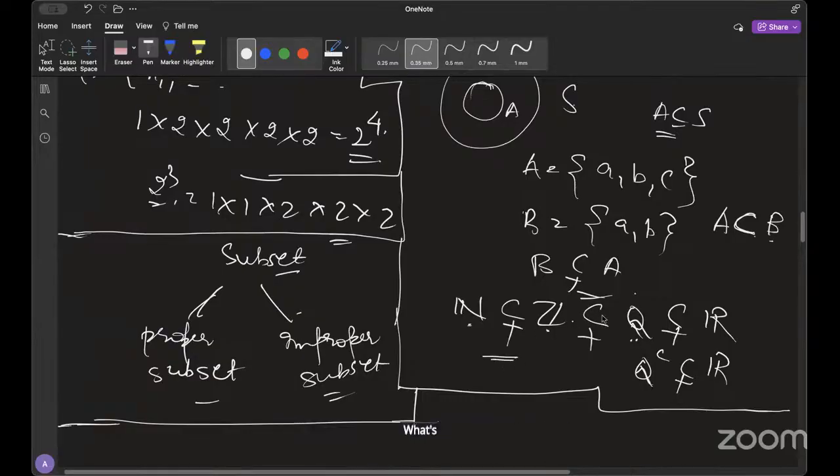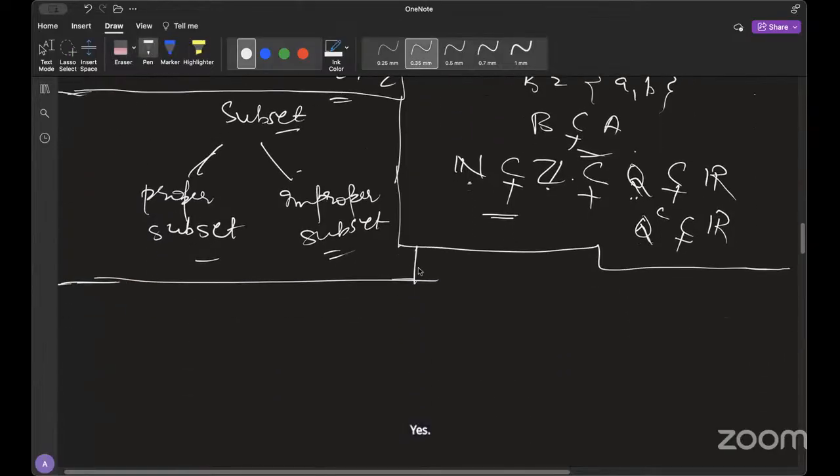What's your doubt here? I have a doubt in a one-one and onto function. Yes. Ma'am, I have a doubt in activity 11, question number 4. Let's do the one-one and onto thing first. Someone was asking about it.